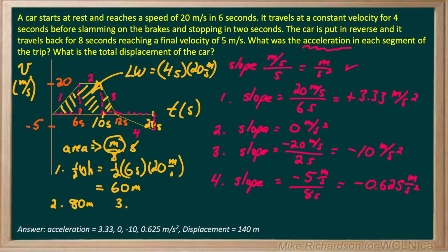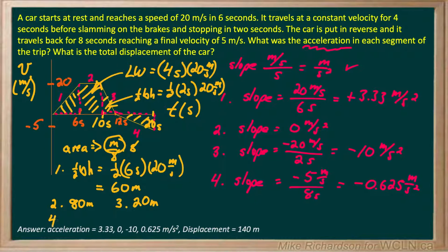Here the base is 2 seconds and the height is 20. So region 3, 1/2 base times height will give me 1/2 of 2 seconds times 20 meters per second, which gives me an area of 20 meters.